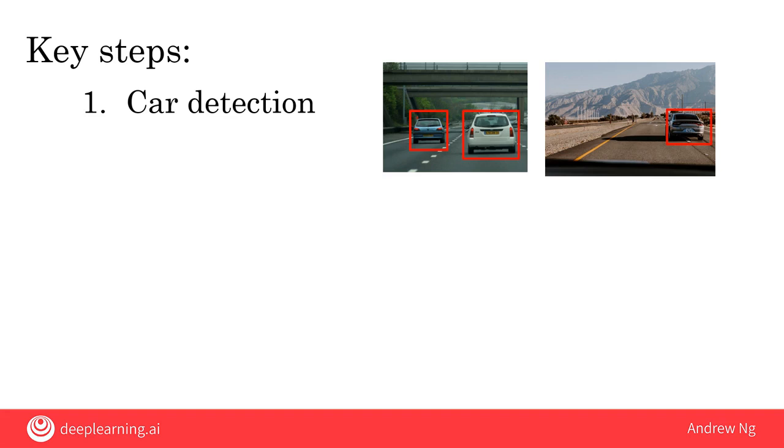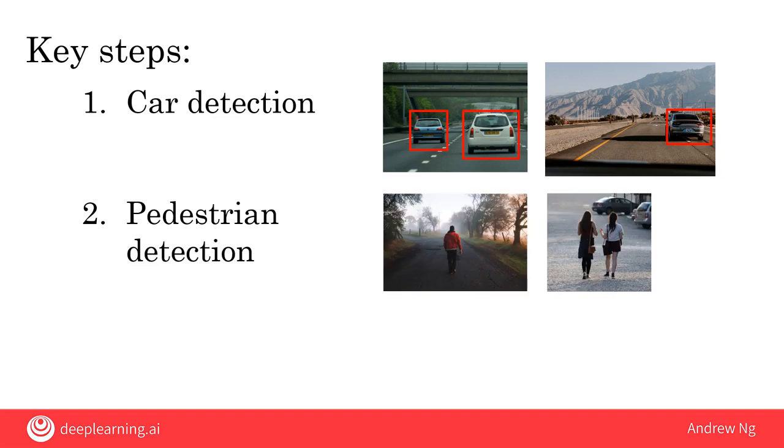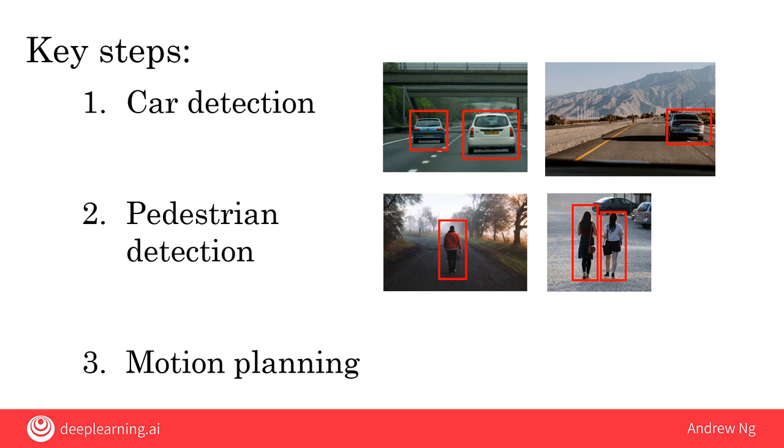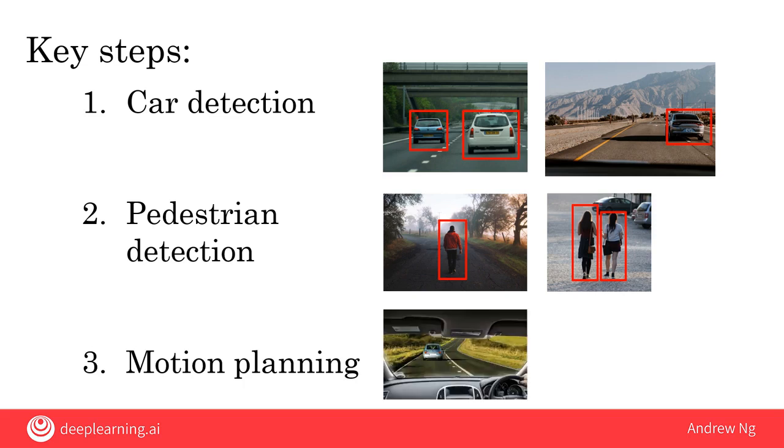And this is usually done using not just cameras, but other sensors as well, such as radar and LiDAR. Next is pedestrian detection, and using a pretty similar type of sensors as well as techniques, self-driving cars can detect pedestrians. Finally, I briefly mentioned a motion planning step. So what is that? Here's an example.